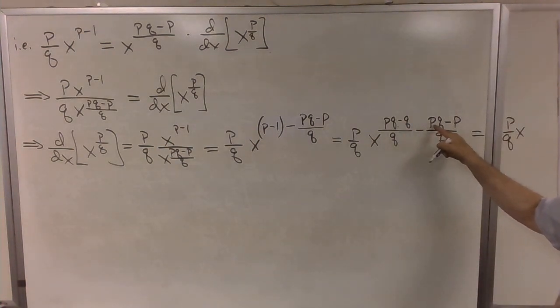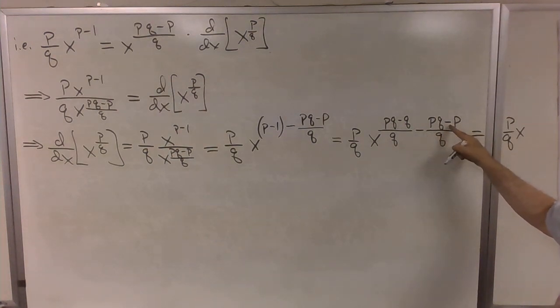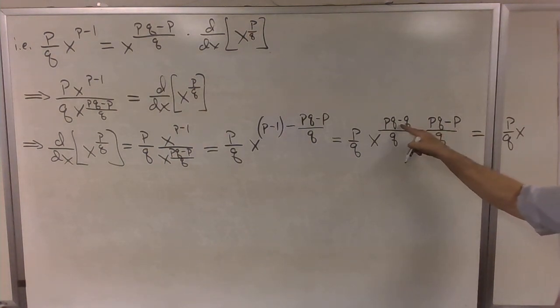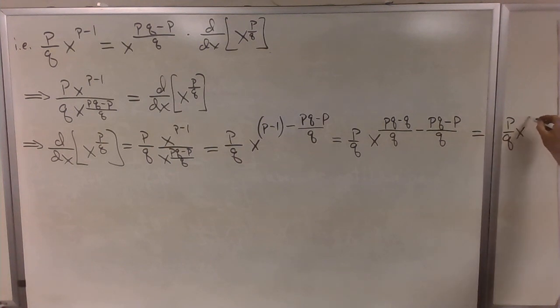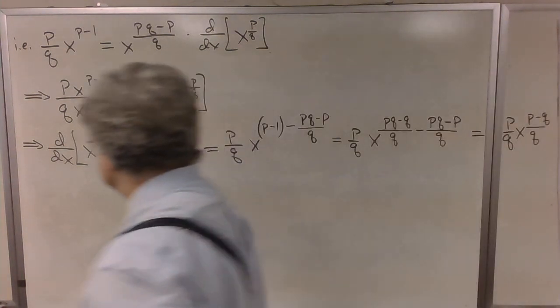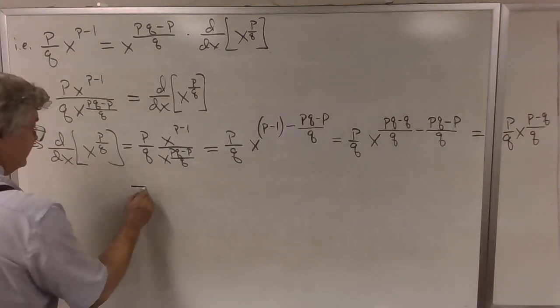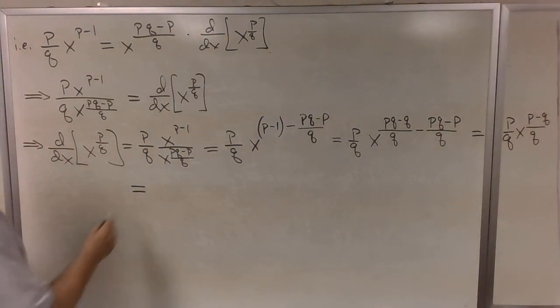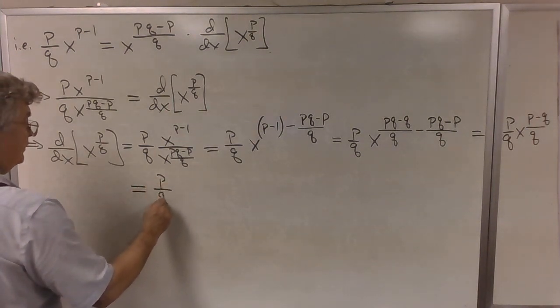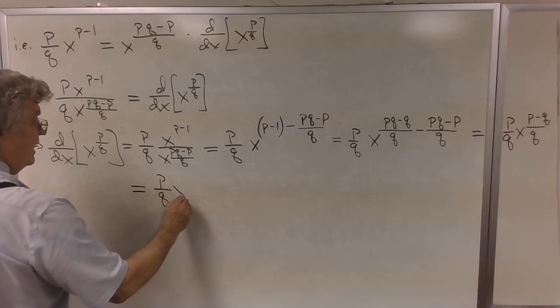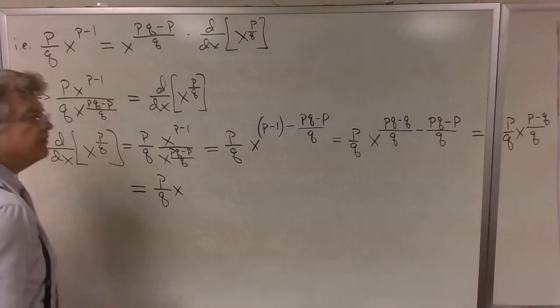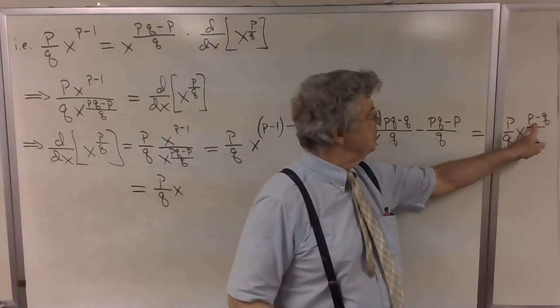We're getting there. P over q x, and I'm going to split this numerator up.